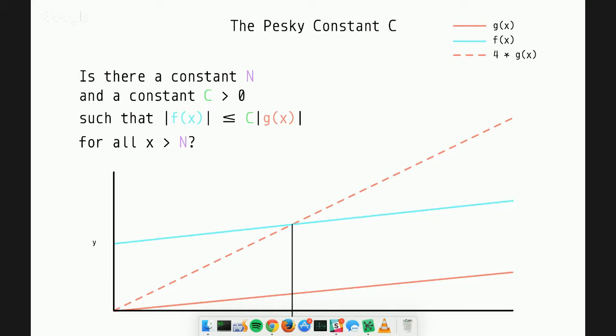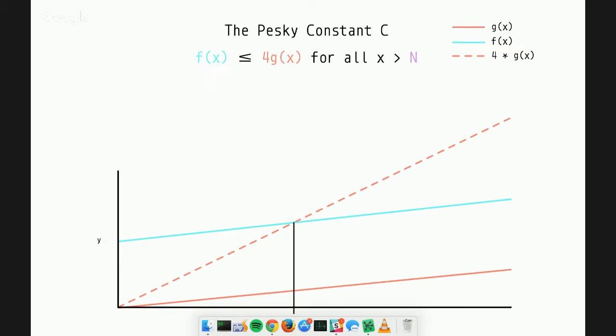Here we've just got 2 straighter lines, but when we multiply g of x by 4, we get f of x is less than or equal to 4 times g of x for all x greater than or equal to n. And this is n here. Again, it's cut off. But yeah, so this is our point n, and now we've satisfied this.